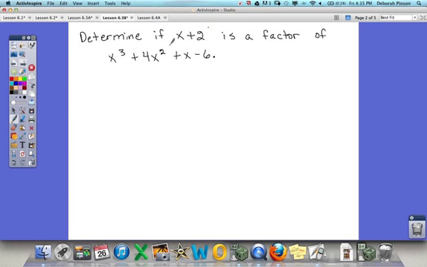Okay, so same thing, but I'm asking you if x plus 2 is a factor. So when I set that equal to 0 and solve, I'm going to put negative 2 in the box, my coefficients, and go through and do my synthetic division.